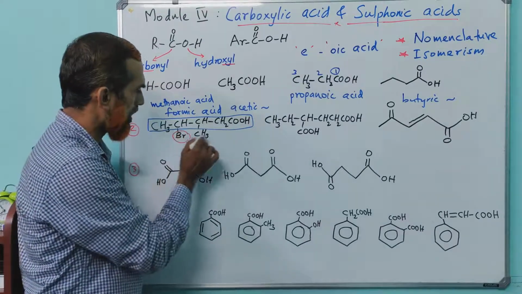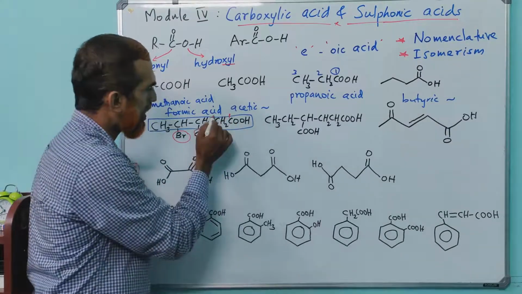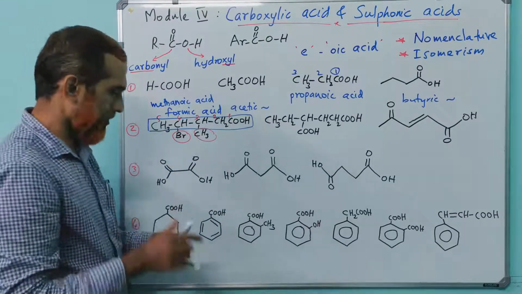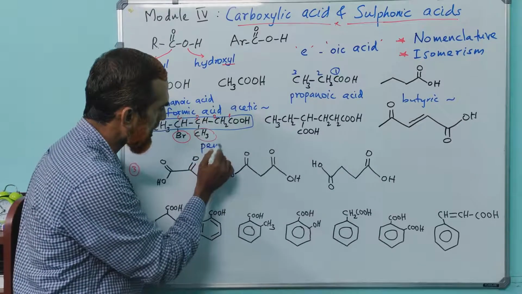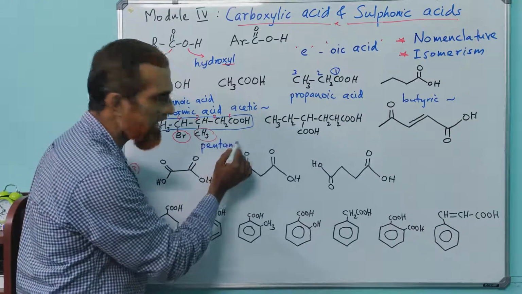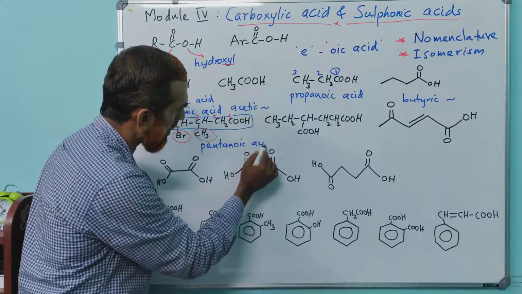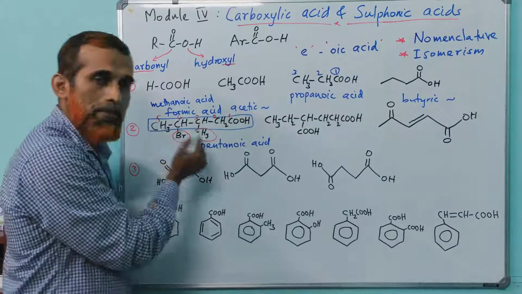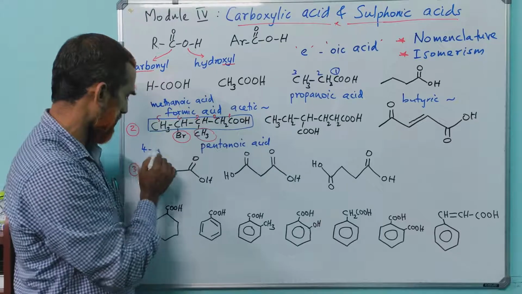This is bromo, this is methyl, and numbering, of course, starting from here 1, 2, 3, 4, 5. So it is a 5 carbon parent name, that is again only carbon single bonds, so pentane, and oic acid, so pentanoic acid. Now the substituents are to be prefixed, bromo and methyl, alphabetically arranged. So it is 4-bromo, right?